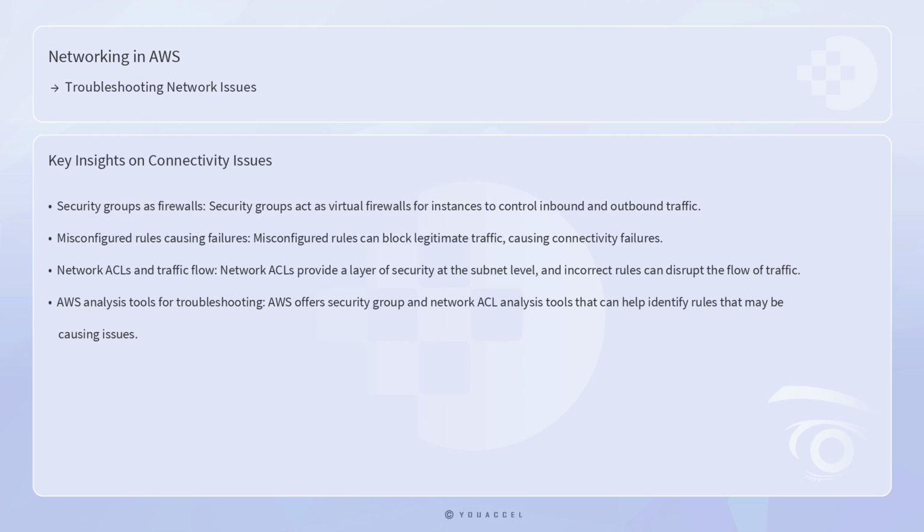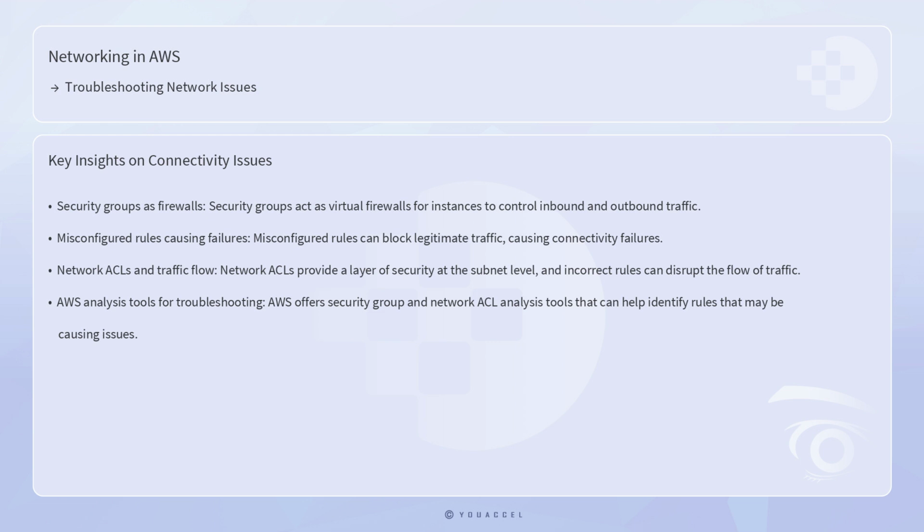Incorrectly configured security groups and network ACLs are frequent culprits in connectivity issues. Security groups act as virtual firewalls for instances to control inbound and outbound traffic. Misconfigured rules can block legitimate traffic, causing connectivity failures. Similarly, network ACLs provide a layer of security at the subnet level, and incorrect rules can disrupt the flow of traffic.